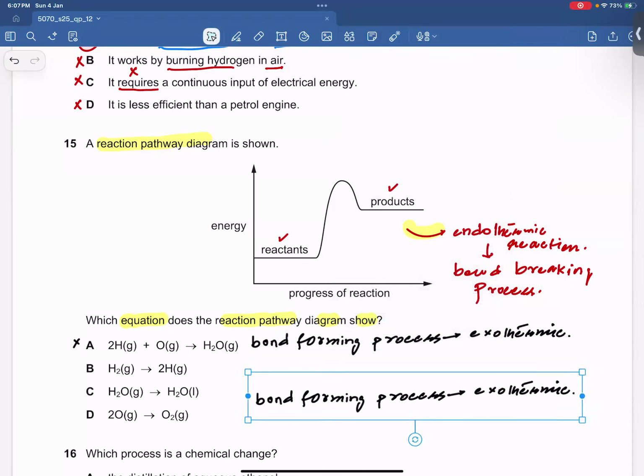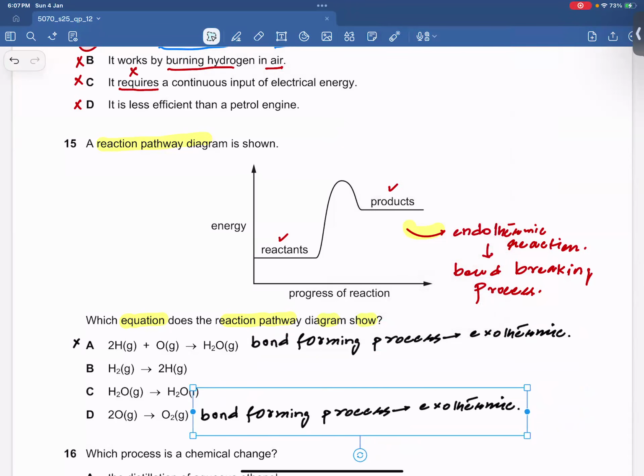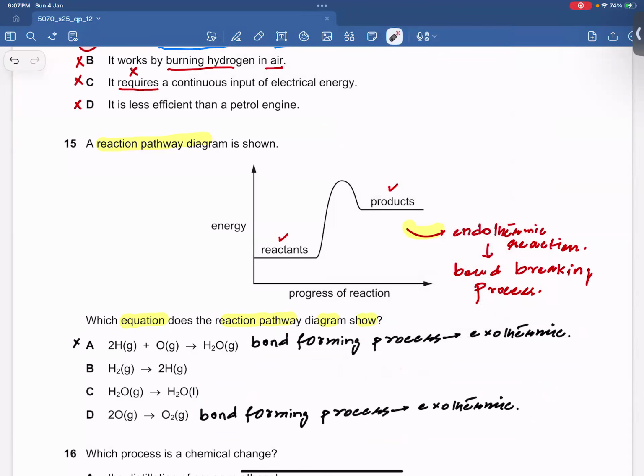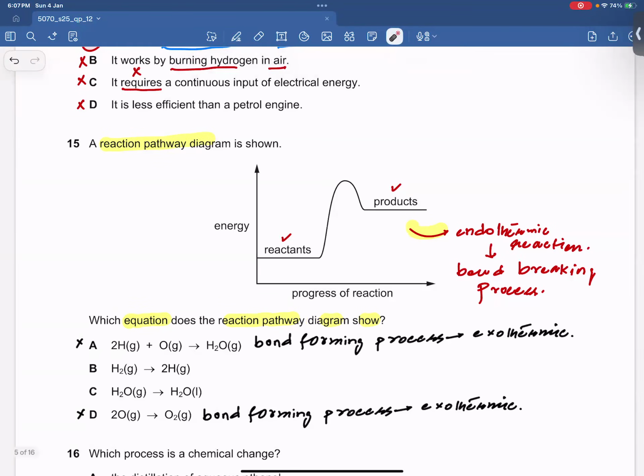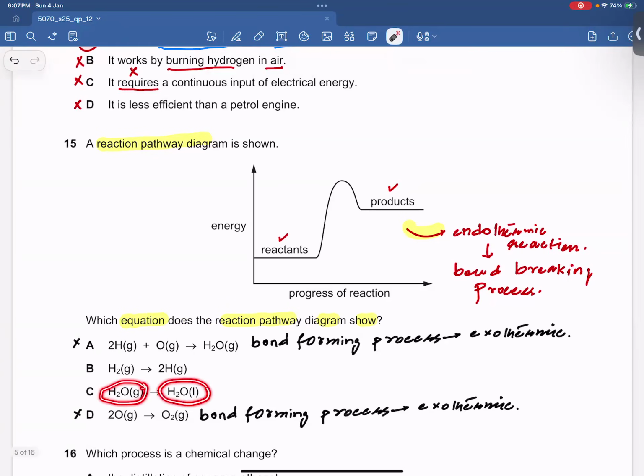In the last option D, gaseous atoms combine together to form a covalent bond. Which means this reaction also involves bond forming process, which is why it is also exothermic. So option D is incorrect. Now this is steam and it is converting into liquid.